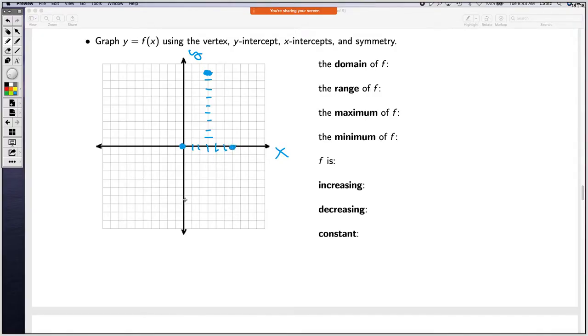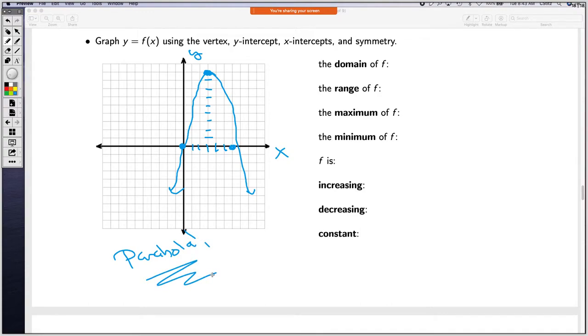And (6, 0). It's a quadratic, which means it's going to be what shape? Parabola. Let's see if I can manage it. Well, that's not bad. I'm going to put the word parabola there to cover myself.